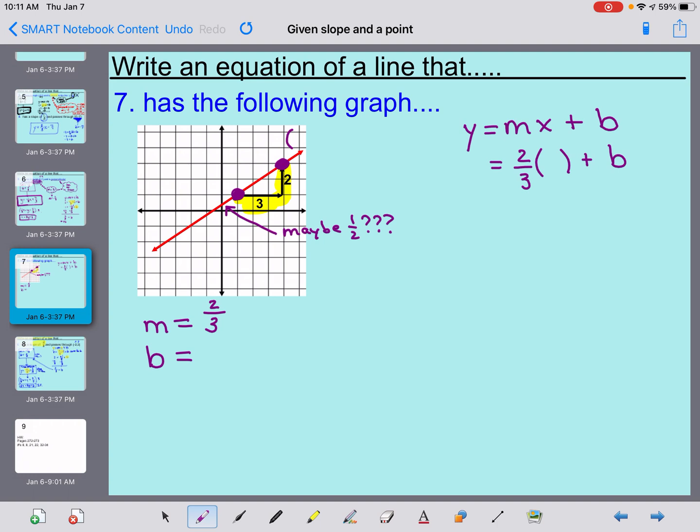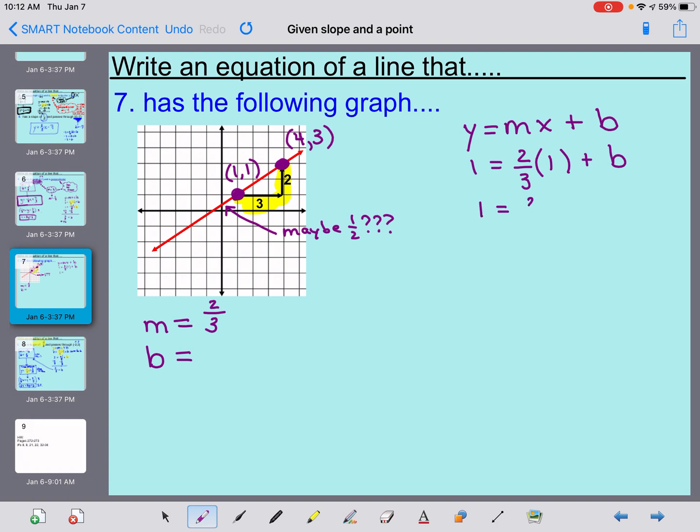This ordered pair here is 4, 3. The other ordered pair is 1, 1. So pick your favorite ordered pair, it doesn't matter which one, and plug it into the equation that we have. I'm going to use 1, 1. If you used 4, 3, you're going to get the same answer.